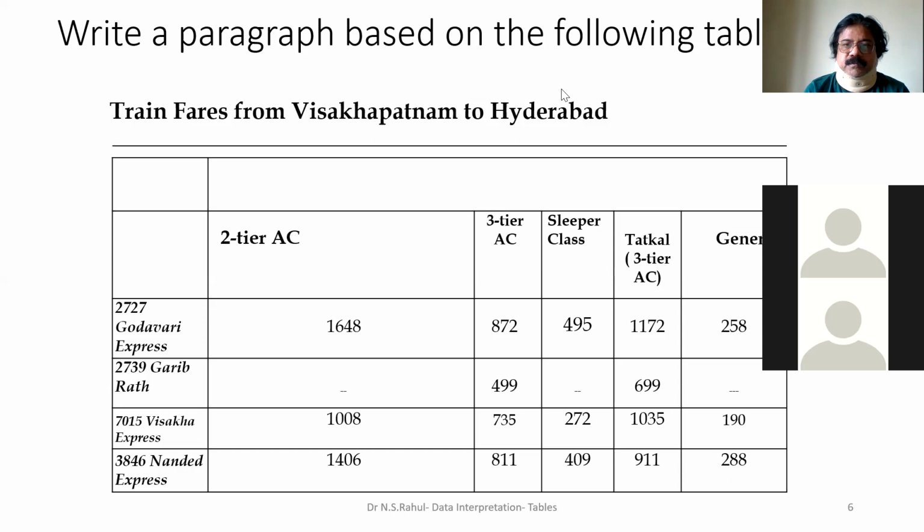But in Tatkal three-tier AC, Vishaka Express has more cost. But in general, again, Nanded Express has more cost. By this, we can say that except in Tatkal, in other seating places, Nanded Express has more rate. Compared to all, Garib Rath Express has the least cost.